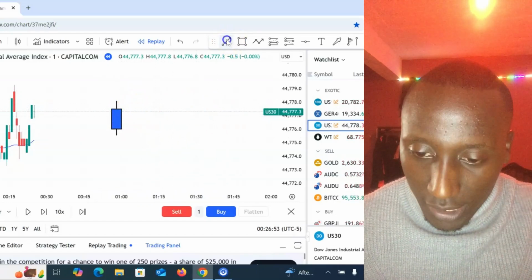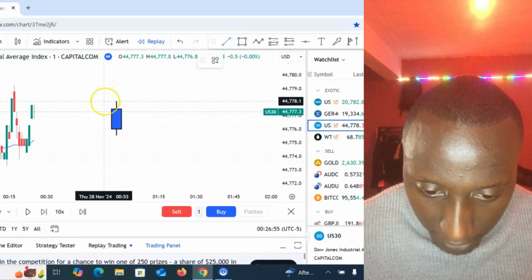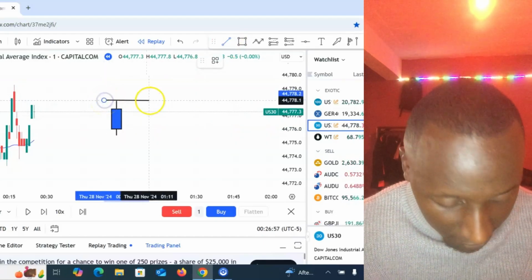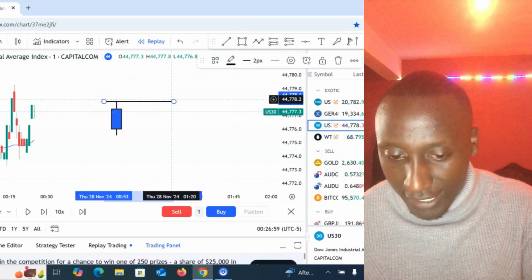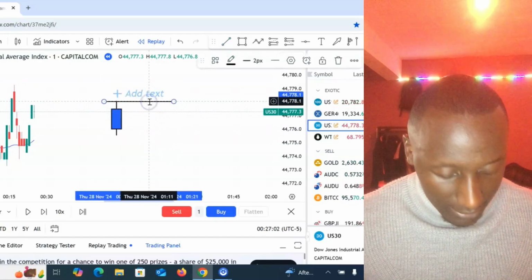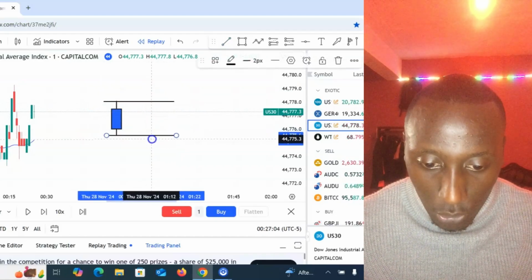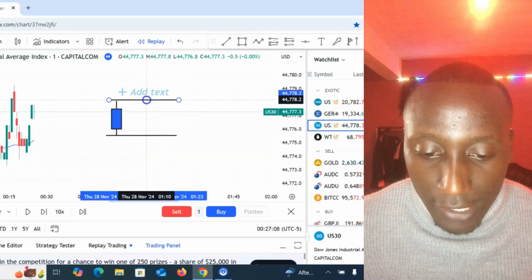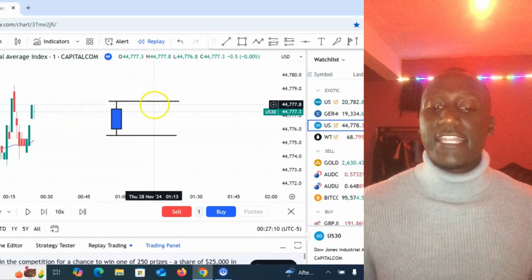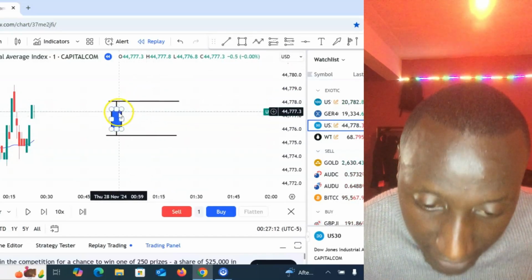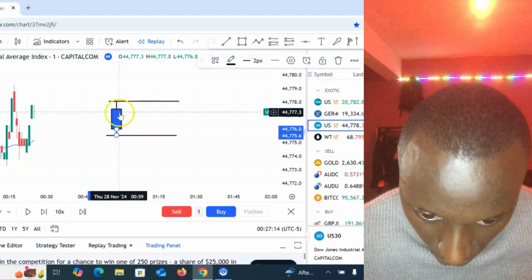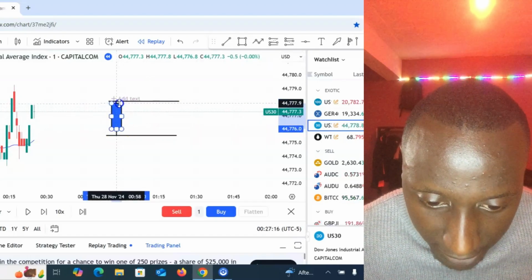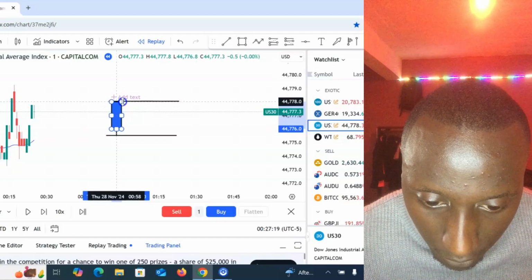Now, if you look at this candle, up here, we have what we call resistance. And then down here, we have support. So if you think of how a candle forms, the high means price went up. So there was a point where price was at this level.